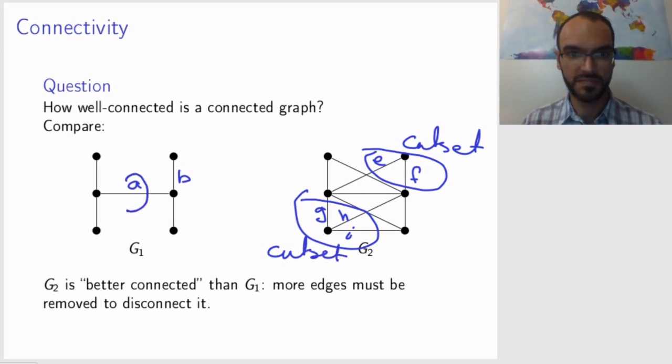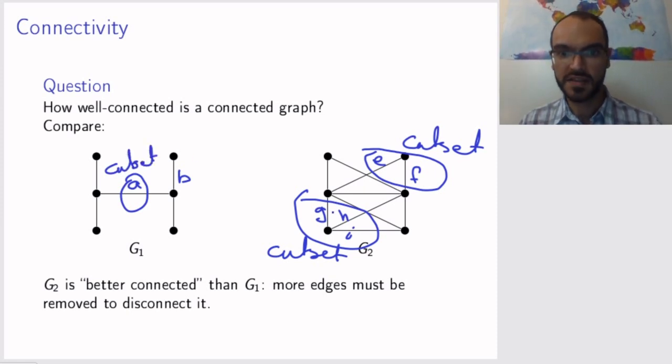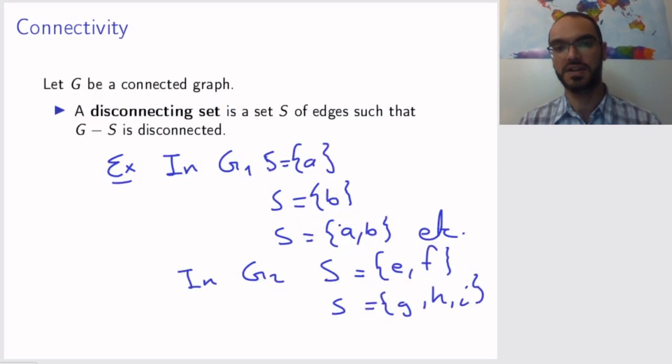In this graph, for example, taking just A or just B, this is a cut set. Why is this a cut set? Because if I remove only, say, G and H and not I, this graph will remain connected. And same if I only remove G and I or H and I. So a cut set is sort of the smallest, a minimal set that you can remove to make the graph disconnected.